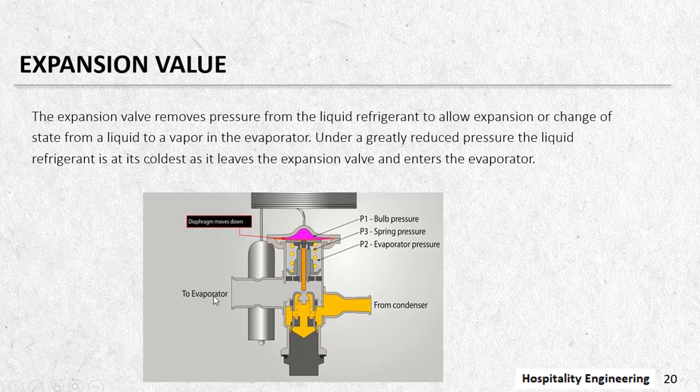You can see here the evaporator and condenser. Now P1 is bulb pressure, P2 is evaporator pressure and P3 is spring pressure. So the diaphragm moves down. Based on this diaphragm, it automatically controls. The expansion valve is a controlling device.